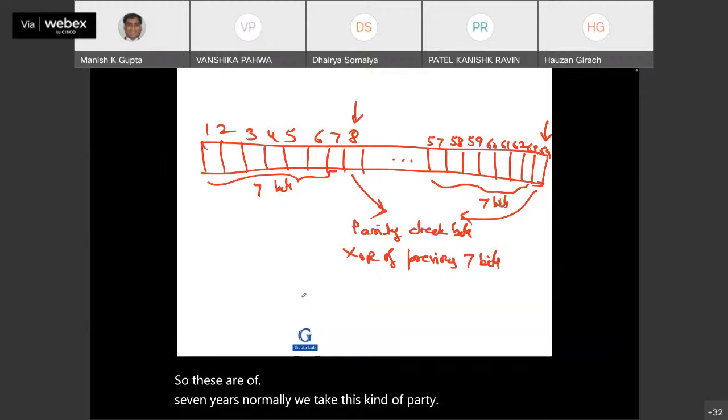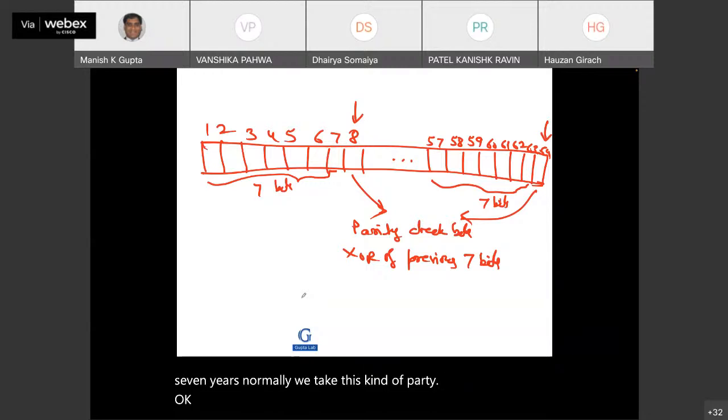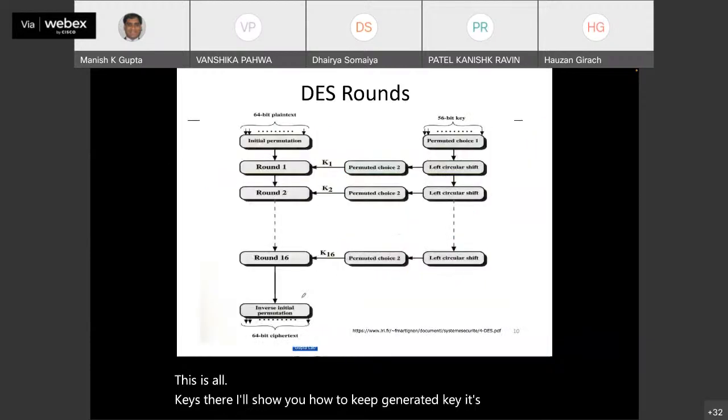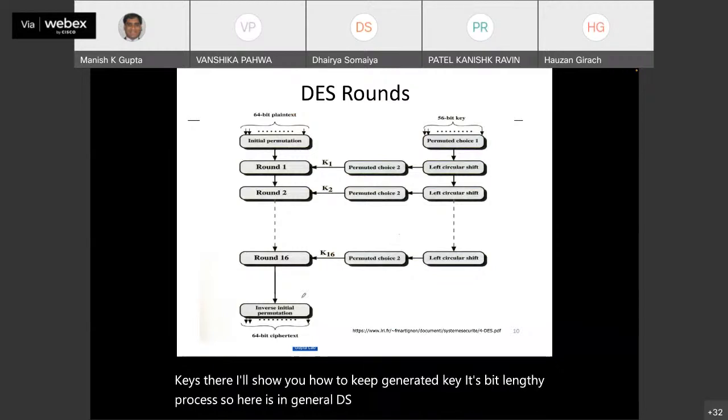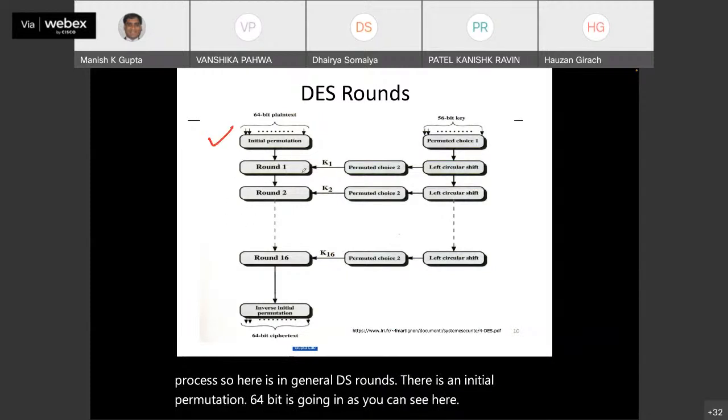Okay, so this is how the key is there. I'll show you how to generate a key. It's a bit lengthy process. So here is in general the DES rounds. There is the initial permutation. 64 bit is going in, as you can see here. Initial permutation, round, key 1, permuted choice, left circular shift.